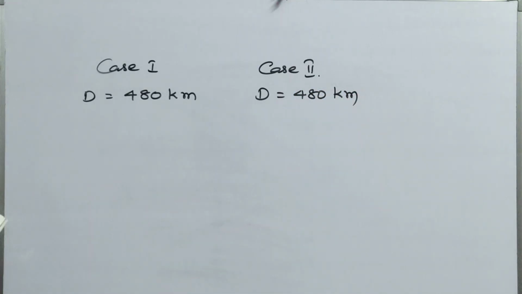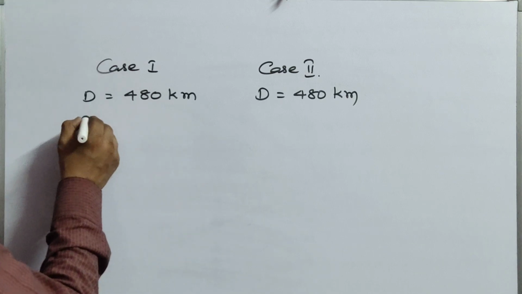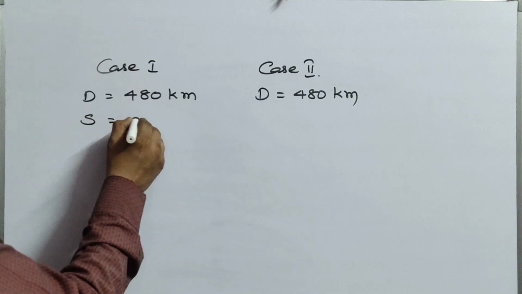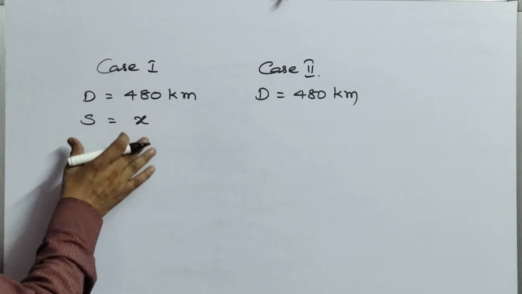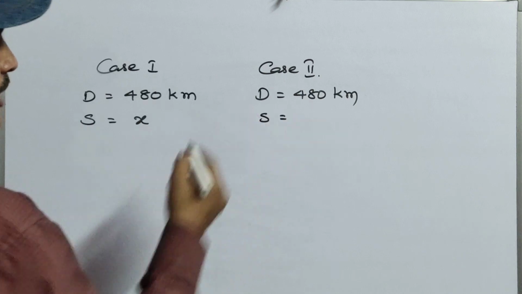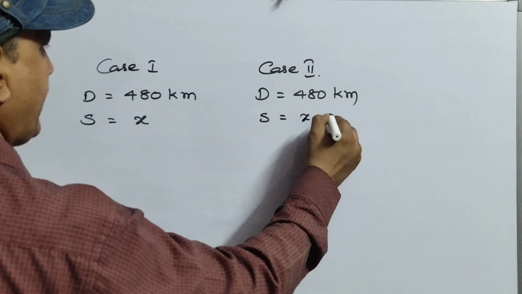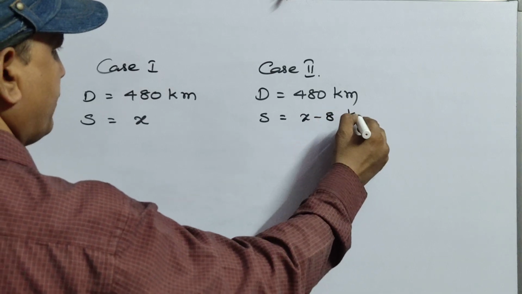Now, at a uniform speed, it is asking to find the speed, but we don't know the speed, so we are considering the speed as x. In case 1 speed is x. In case 2 what happened? Speed is reduced by 8 kilometers per hour. That means x minus 8 kilometers per hour.